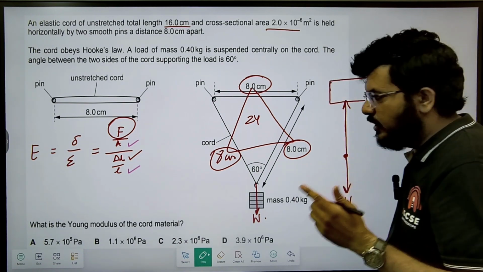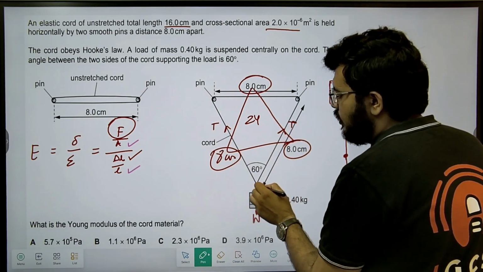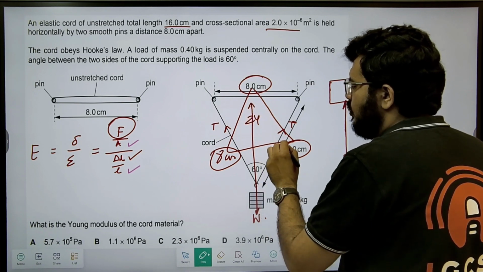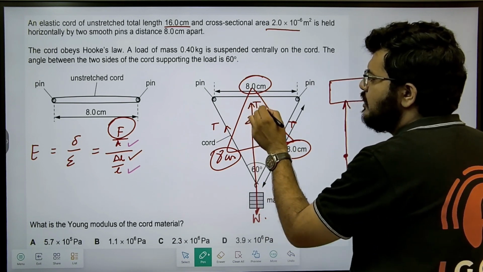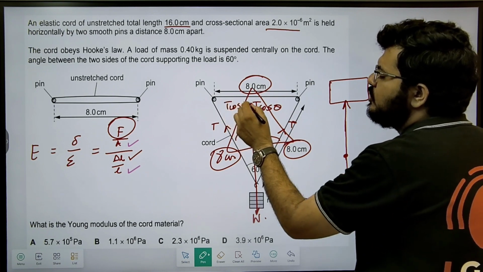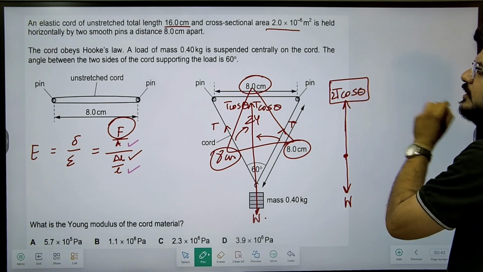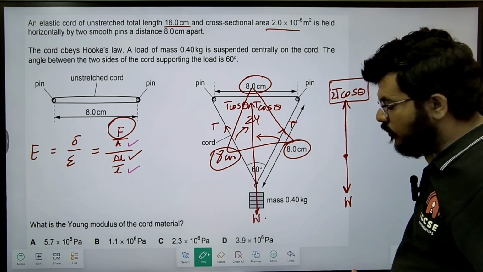But let's find what that resultant tension is. Let's say this is T and this is also T. Because this is 60°, can I say the component of T here should be T cos theta? The component of this one is also T cos theta. So the total resultant is 2T cos theta. This is the stretching force.